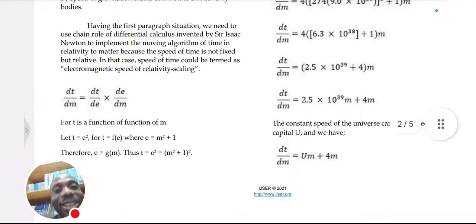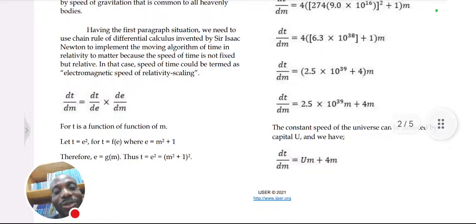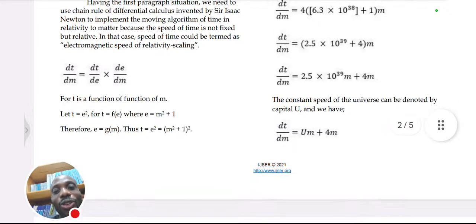So now to start with the derivation, I have the chain rule right here. You can see the formula, dT/dM equal to dT/dE times dE/dM. So for T as a function of M, let T equal E squared. For T as a function of E, where E equal M squared plus 1.